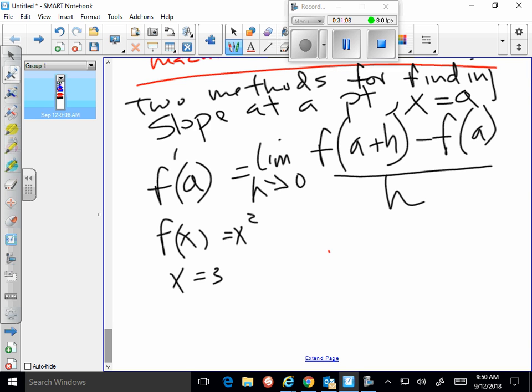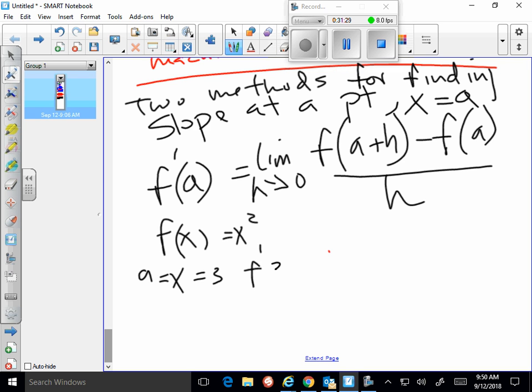By the way, we should end up with 6 when we're done. Hope so. Okay. So this says f of a plus h, but my specific x value is 3. So I plug a 3 in here, and I plug a 3 in here. And so now this looks like this.